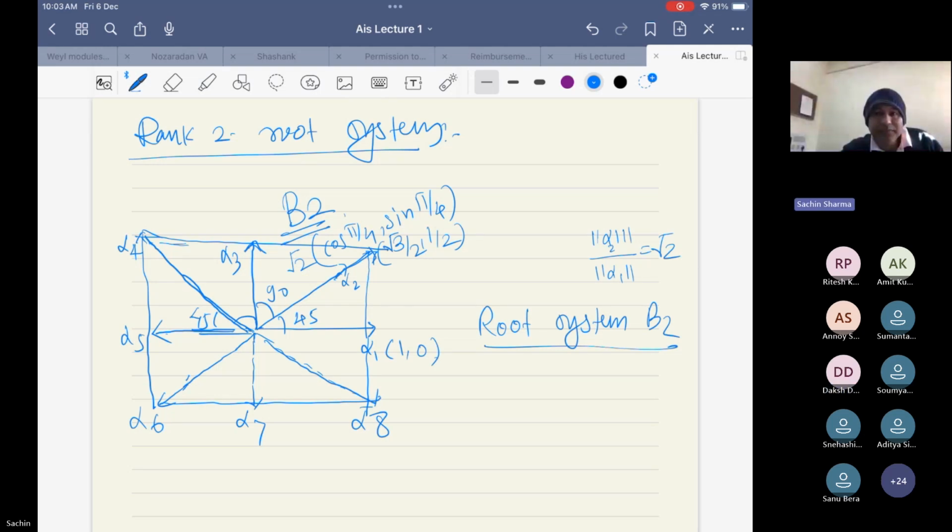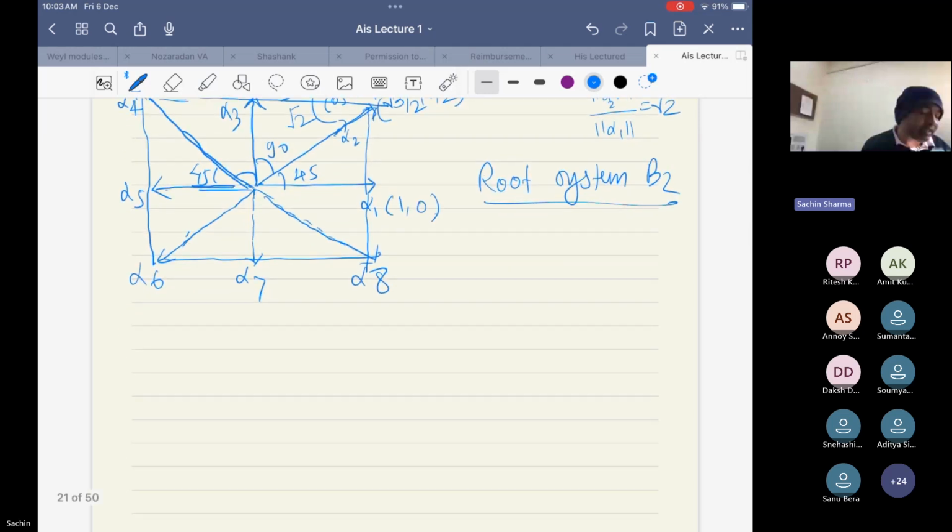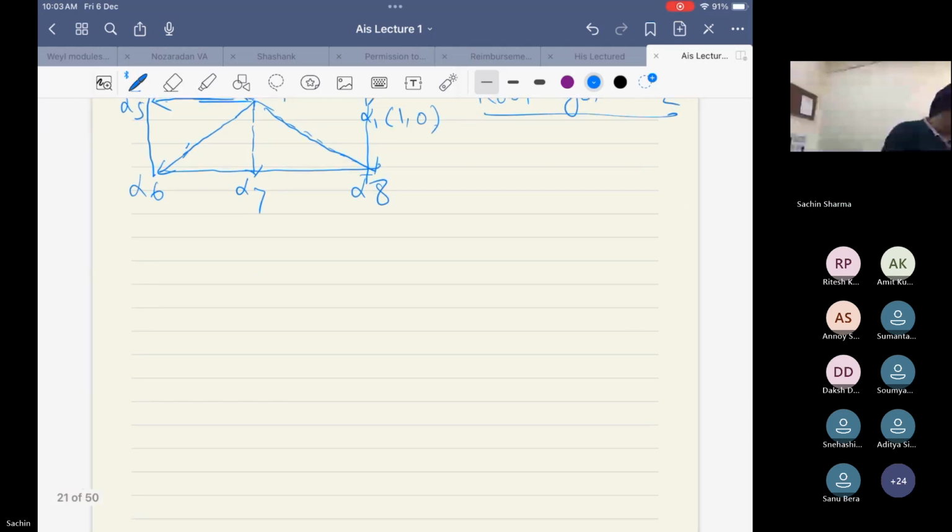If you are not very happy with these things, let us have another root system. Let us again start with your unit vector alpha 1, and your angle is now pi by 6. So what should be its length?